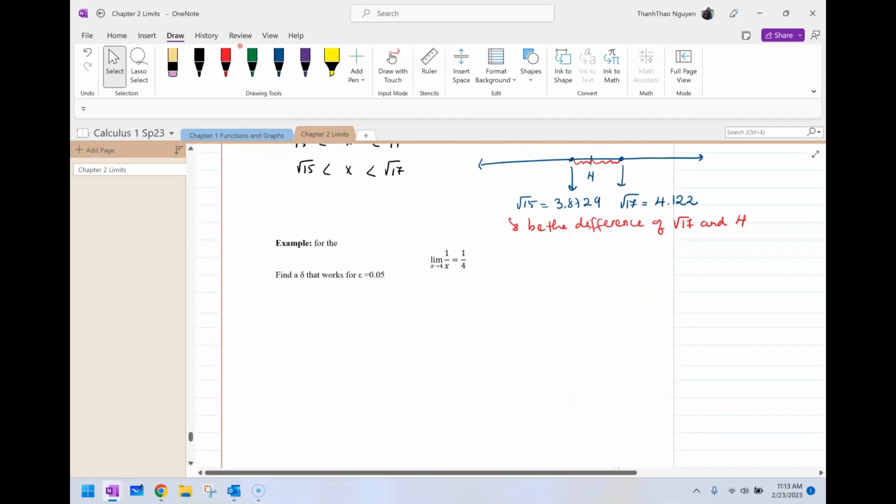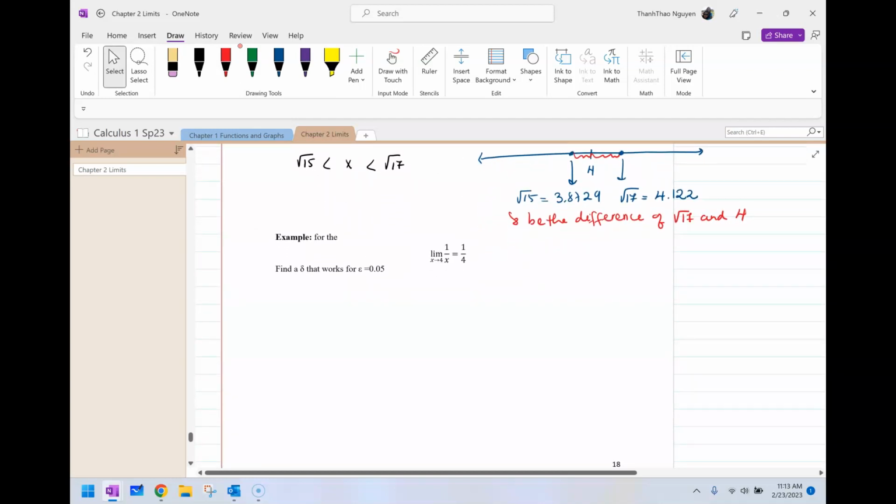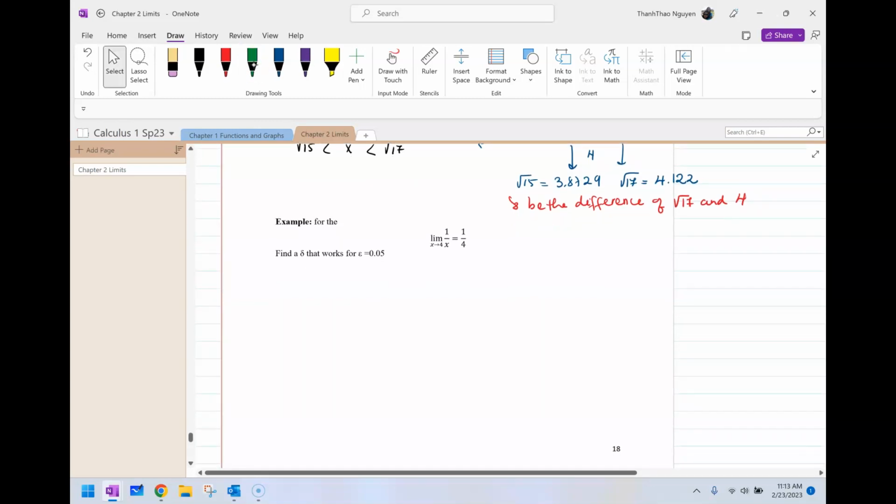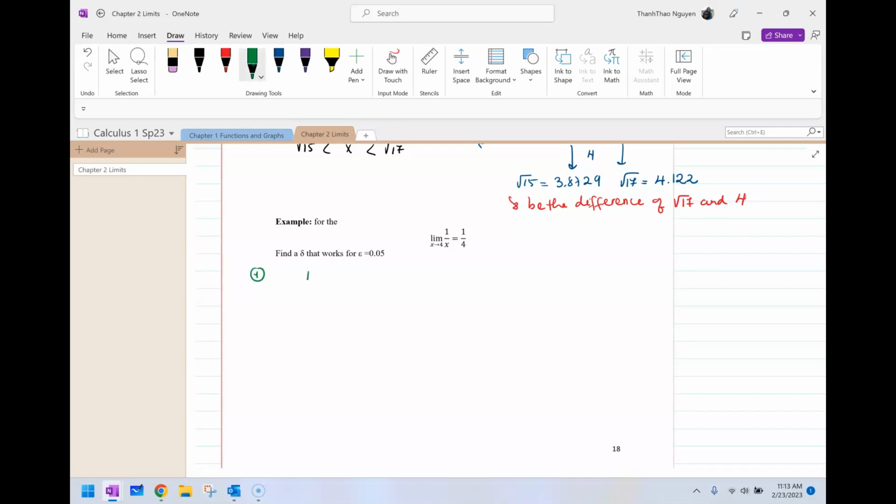Let's say we want to make the delta even smaller for a different problem. We want to find a delta that works for epsilon equal to 0.05. So first we will solve the inequality |1/x - 1/4| less than epsilon.